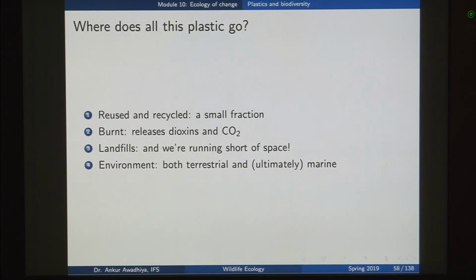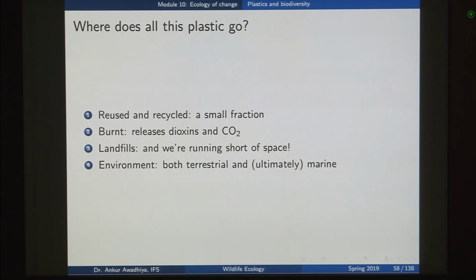Now, when we talk about release into the terrestrial environment, you can have plastics that are reaching into your forests, you have plastics that are reaching into the croplands, and there are a number of animals that are getting exposed to these plastics. On the other hand, when the plastics get washed down, they can move from small streams into larger streams, into rivers, and ultimately they reach the oceans, and then the plastics are exposed to the marine organisms.